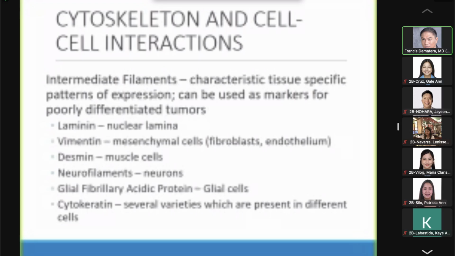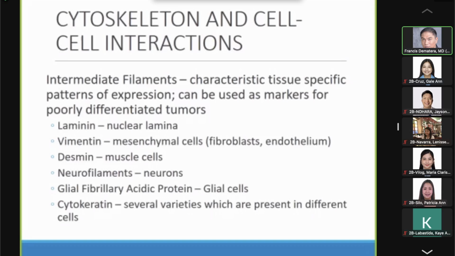For example, you requested for desmin, neurofilaments, and cytokeratin. Among these three, pag yung cytokeratin lang yung nag-positive, the tumor is most likely epithelial in origin. That would guide the surgeons and the pathologists in narrowing down what kind of tumor this is.